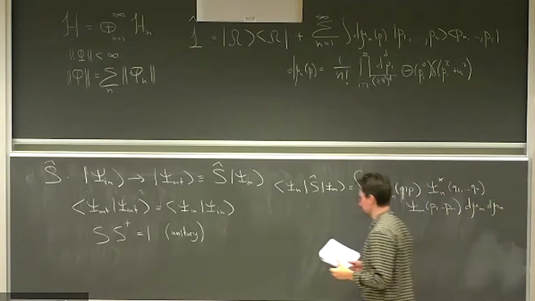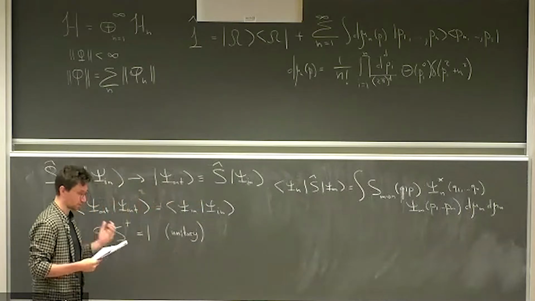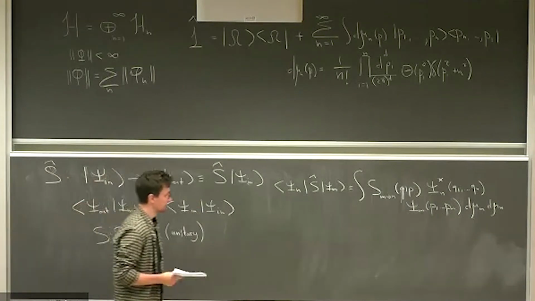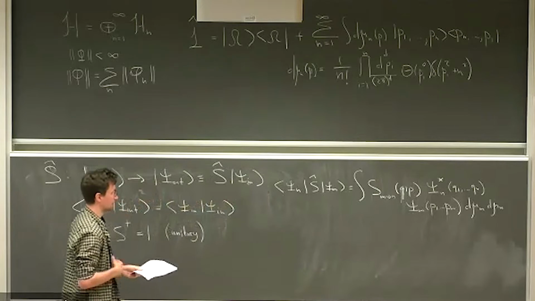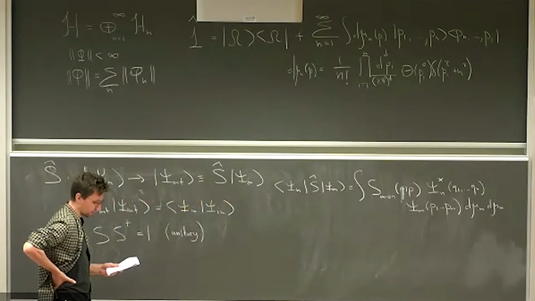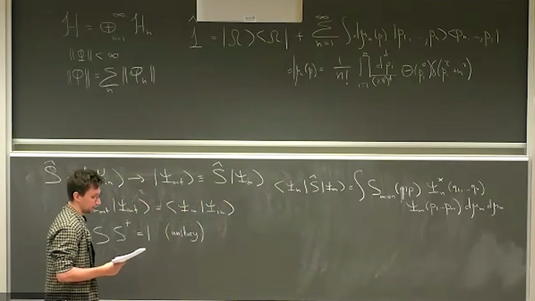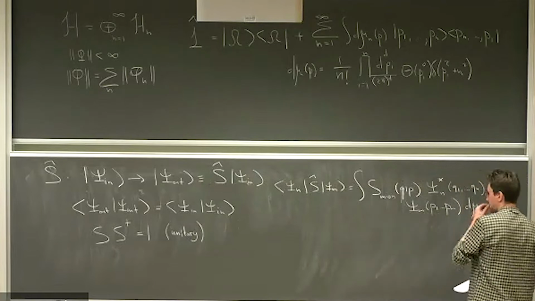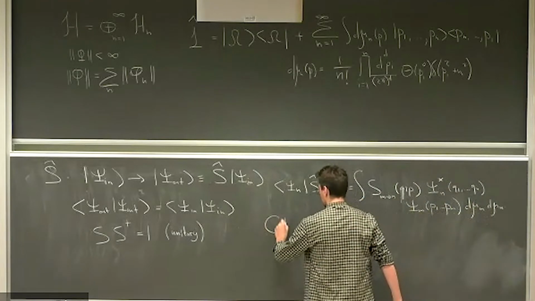Now the first property, which is believed to be general, something we definitely expect to be true in gapped theories, but also in theories with massless particles, is called clustering.